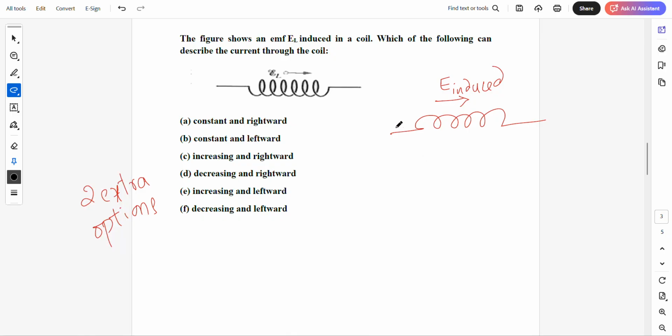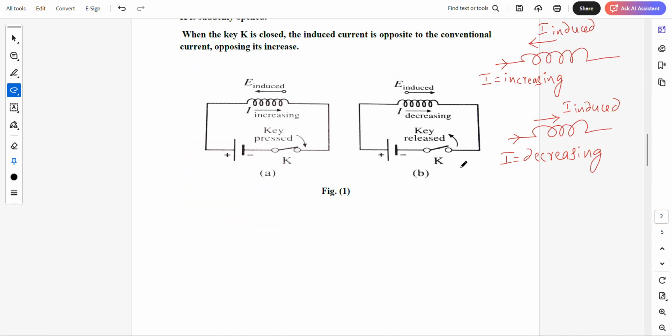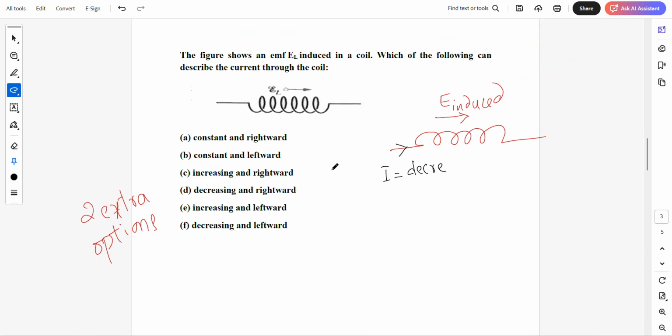Either I is decreasing in the same direction. I have just written here. In the same way, this one is I induced, I decreasing. One option is possible, and one more option is, when E induced or I induced is in the opposite direction.